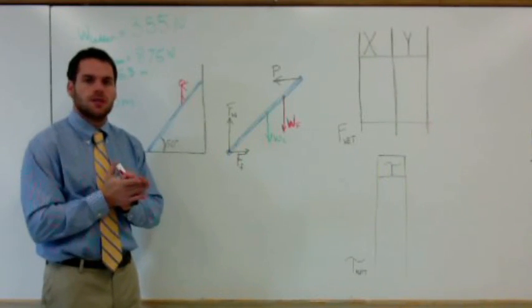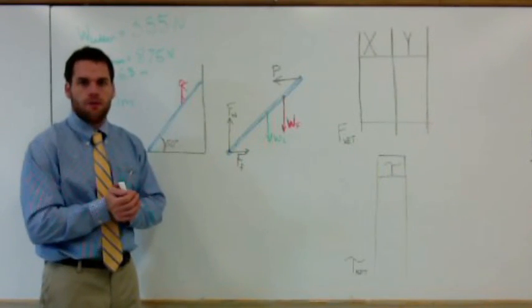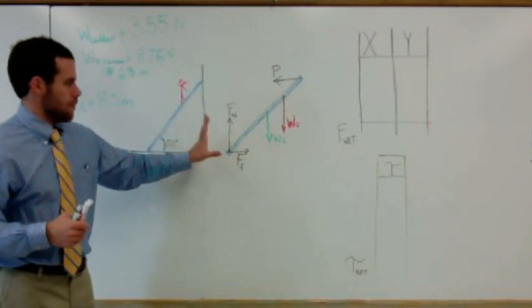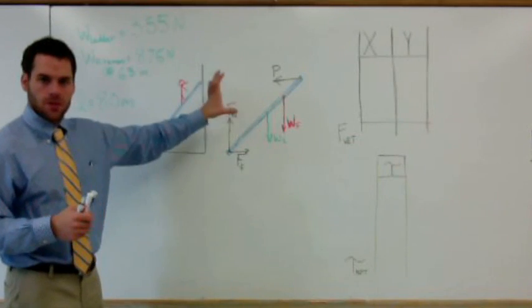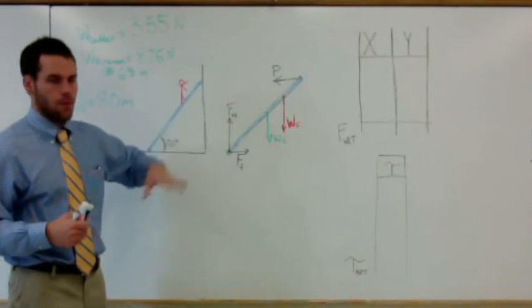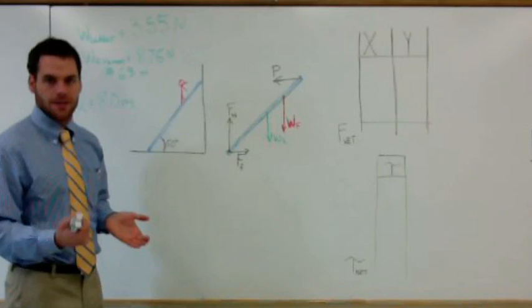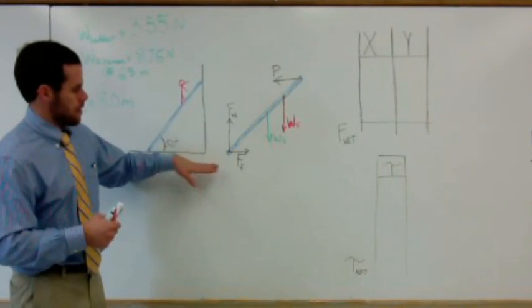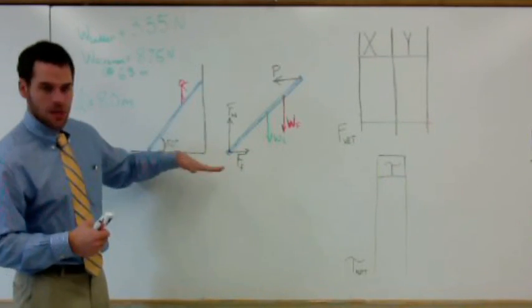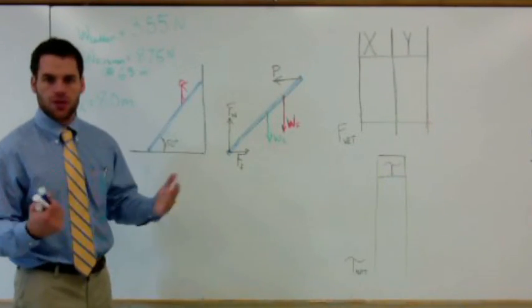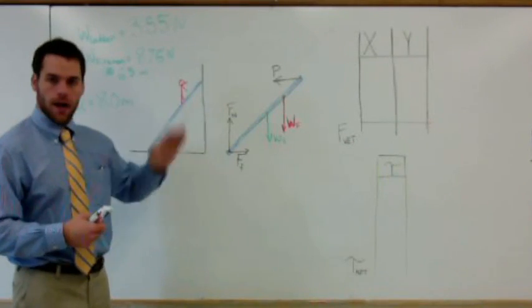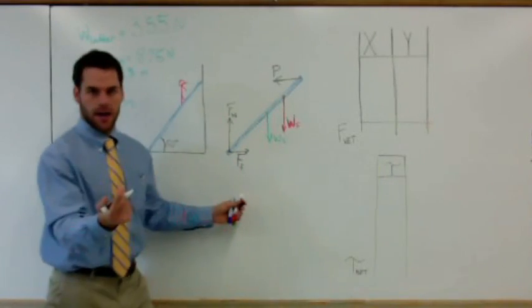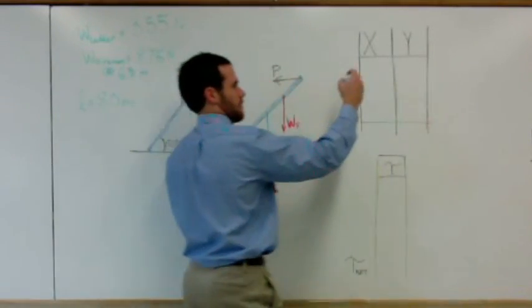Now, we can look at this in a couple of different ways. First, I'm going to look at this as a free body diagram. We have all of our forces here. Let's sum up all the forces and figure out which are in the x and the y direction. Force of friction is in the x direction, and the normal force from the wall acting back out is also in the x direction. I'm going to say this is positive, this is negative.